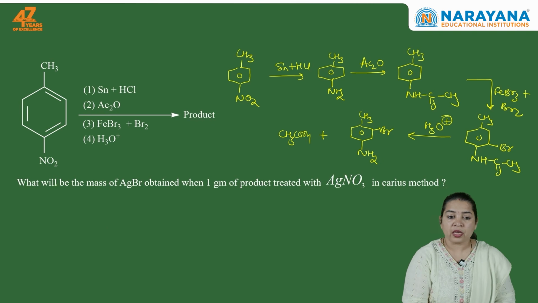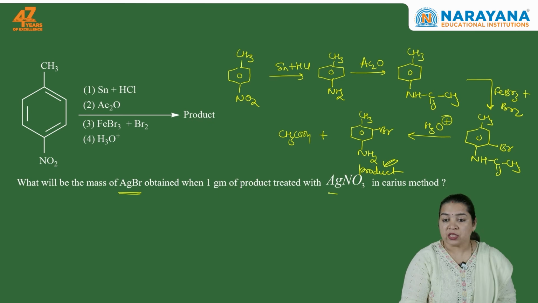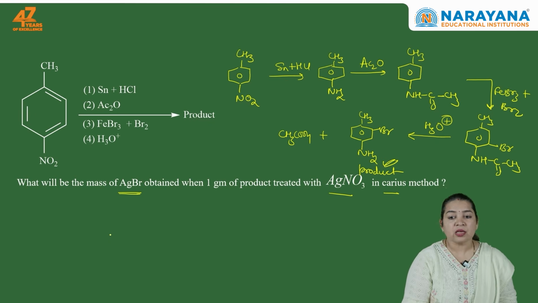Okay, now it says what will be the mass of AgBr obtained. So definitely AgBr will be obtained from this product, not CH3COOH. So I have to take this as the mentioned product in the question, obtained when 1 gram of product is treated with AgNO3 in Carius method. Now Carius appeared multiple times in January session also, and here again they are asking Carius method.